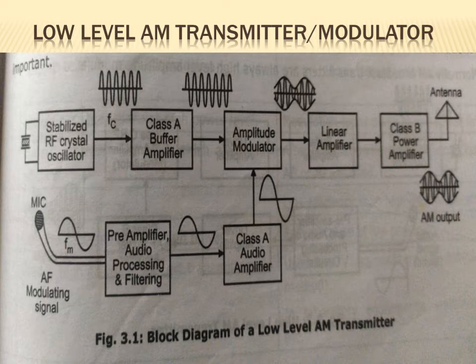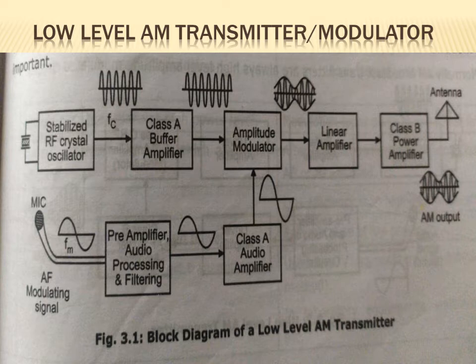Next is the class A buffer amplifier, then the amplitude modulator, then the linear amplifier, and last the class B power amplifier. Again, there is the pre-amplifier, audio processing and filtering, and the class A audio amplifier. We will see the explanation for each block.